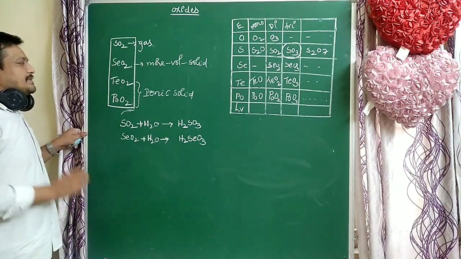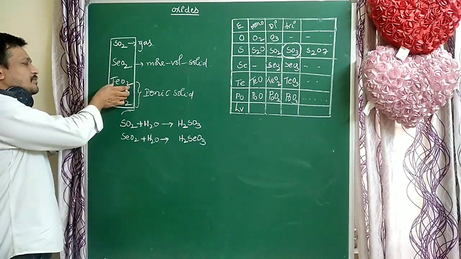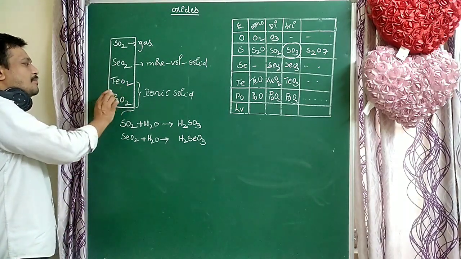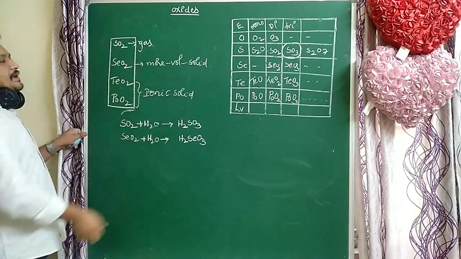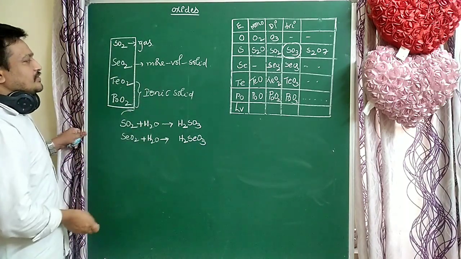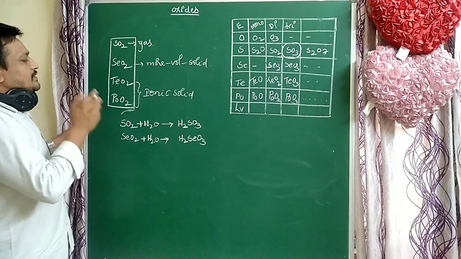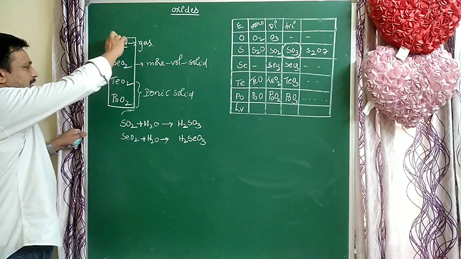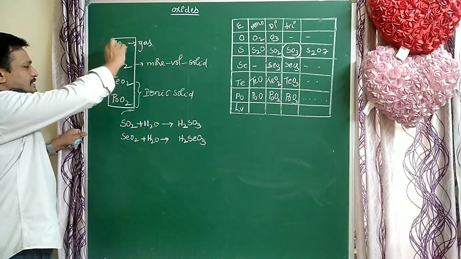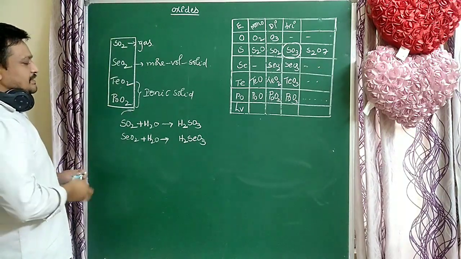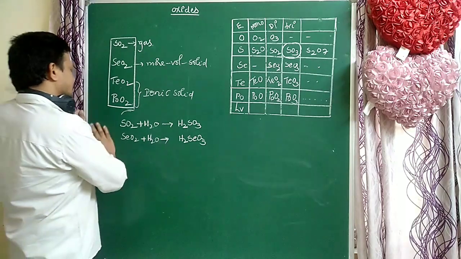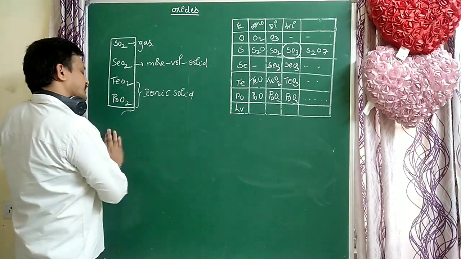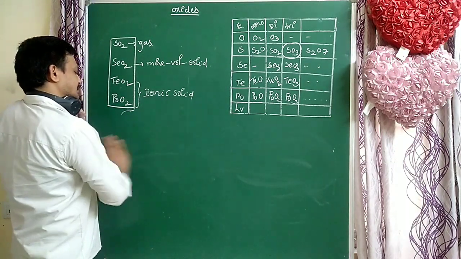That indicates the dioxides of tellurium and polonium have amphoteric nature. Which nature, students? Amphoteric nature. In the gas state SO2 and SeO2 have linear structures. That is very important, students.